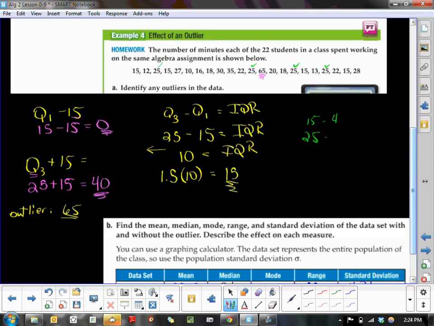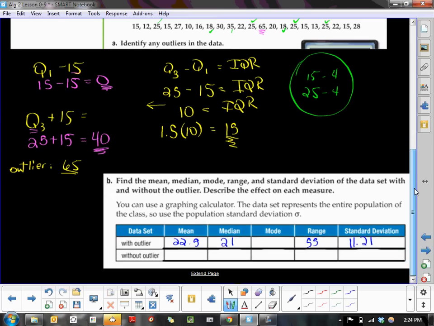Oh, 25 has 4 occurrences. 27 can't compete. 10, 16, 18. 18 is 1, 2, doesn't beat 4. 30, nothing. 35, no, not anymore. 22, I don't think we can beat those 4 occurrences. So these two, 15 and 25, both occur 4 times. So this is called bimodal. 15 and 25 are the modes.